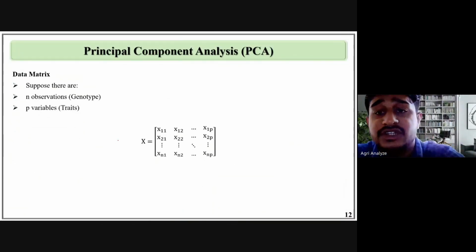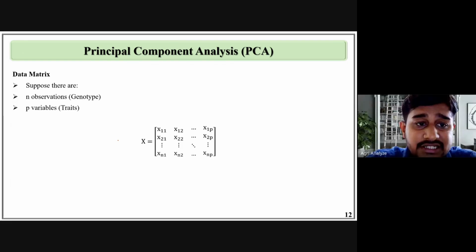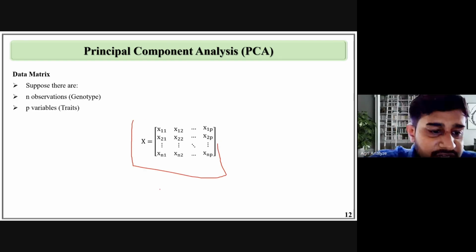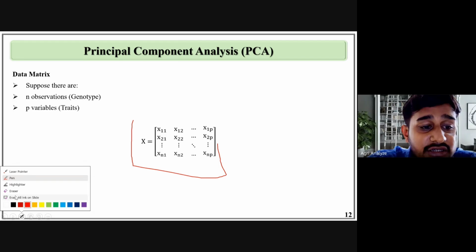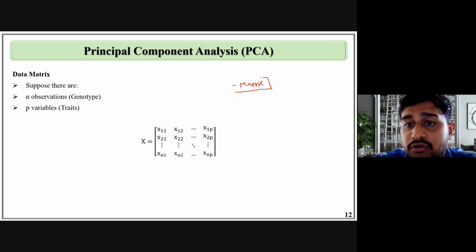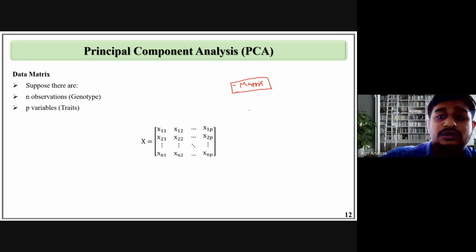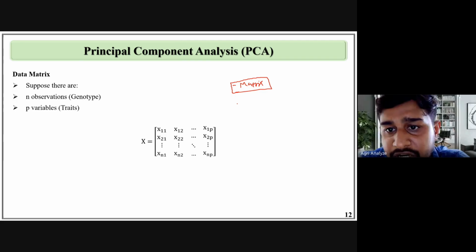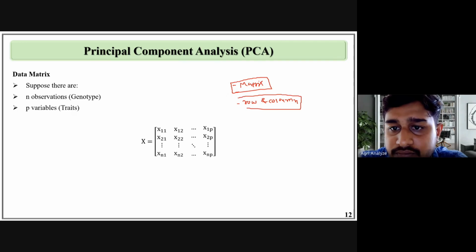Now, how do we generate PC1 in PCA analysis? How do we perform this based on our mathematical formula? This is our matrix of data, because in multivariate data we always deal with matrices. A matrix is the combination of rows and columns.